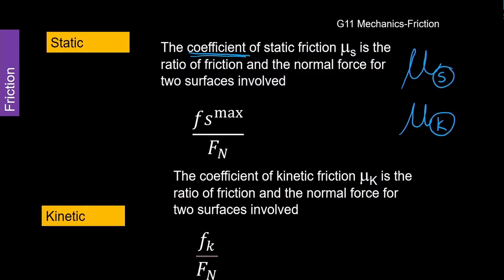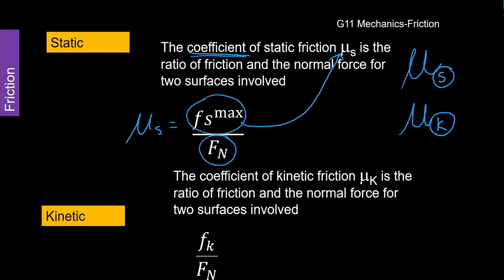It is mu S and it is a ratio. And a ratio doesn't have units, right? This is the ratio for static friction. It is the maximum static friction that we deal with divided by the normal force. That is the equation, the ratio for this coefficient. So we can say mu S equals this ratio.